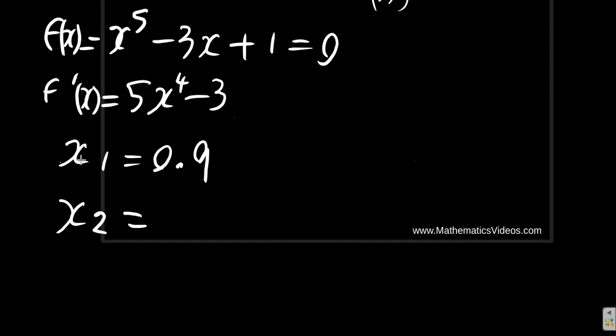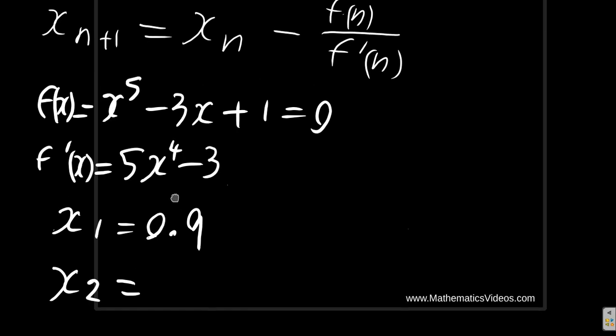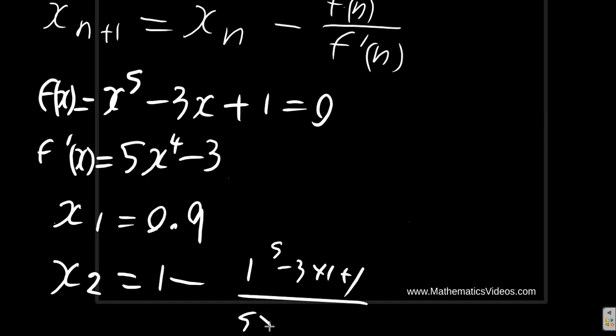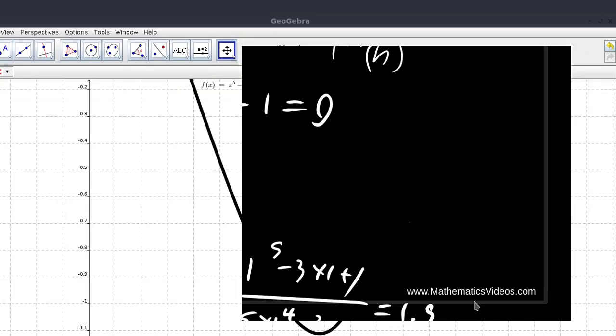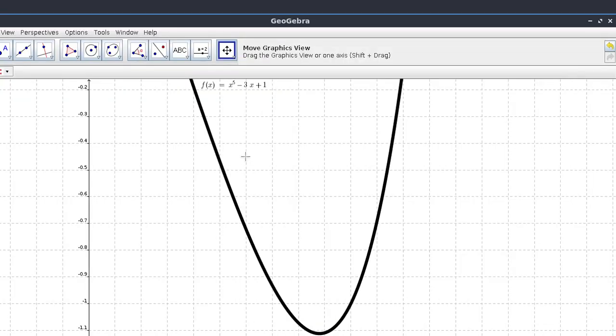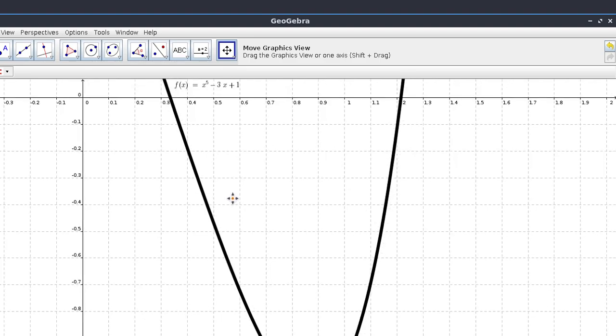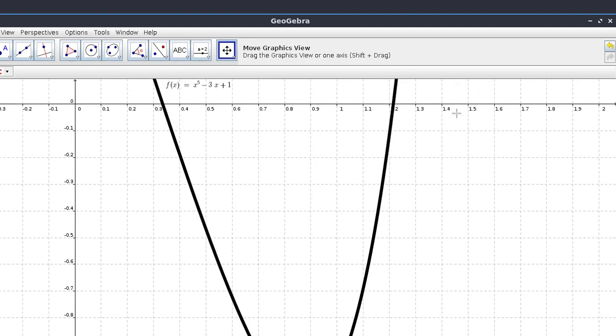So it was 1 minus 1 to the 5th minus 3 by 1 plus 1 over 5 by 1 to the 4th minus 3. Now we got 1.5. Let's look at the graph. Did it take us any closer? We used 1, we went out to 1.5.